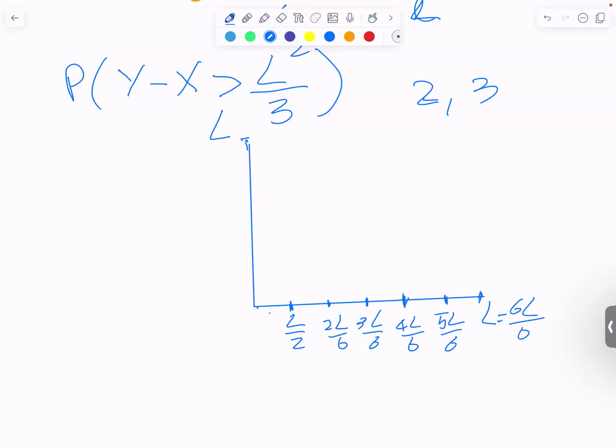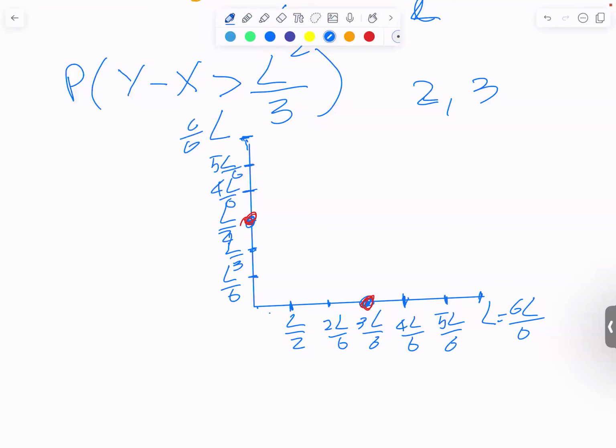The same thing I'm going to do with the top, with the y: 1, 2, 3, 4, 5, and 6. L over 6, 2L over 6 which is L over 3, 3L over 6 which is L over 2, half, 4L over 6, 5L over 6, and 6L over 6.